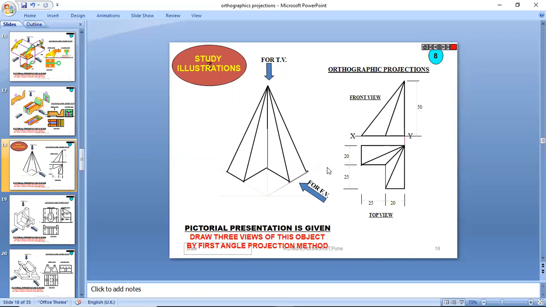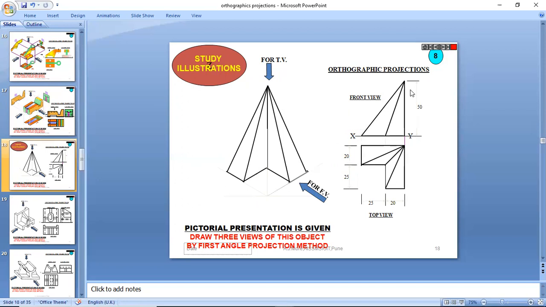You are looking at this side, and some height is given here, that is 50, and these two dimensions, this one and this one, are suppose 25 and 20. By drawing this on the xy line, that is the 45 line and 50 line, and by joining this point to this point, you will get a front view.